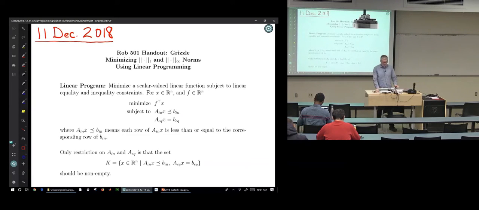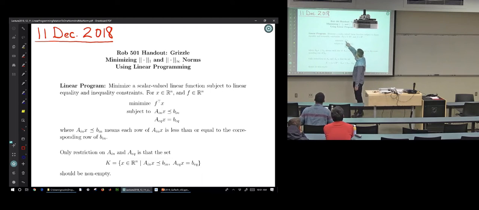Okay, so let's just talk about linear programming just a tiny bit, and then we can talk about anything anybody wants to talk about. I guess when I was first introduced to linear programming, I was already an assistant professor, and people were talking about it. When you look at a linear program like this, minimizing a linear cost function with linear equality and linear inequality constraints, it doesn't look that interesting.